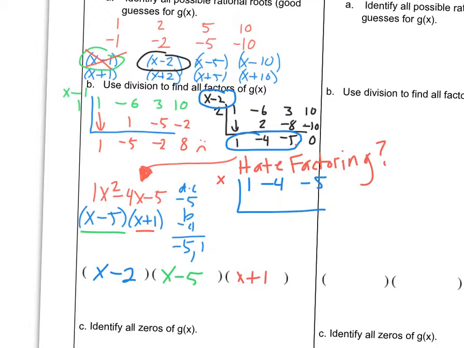So let's try x plus 1, which is minus 1 here. 1, negative 1, negative 5, positive 5, and 0. That gets us that same x plus 1 and that same x minus 5 without actually having to factor. If you prefer doing synthetic division, and I know that some of you do, that would be a way to avoid factoring.